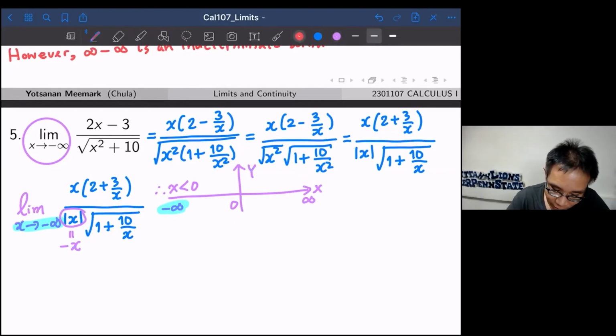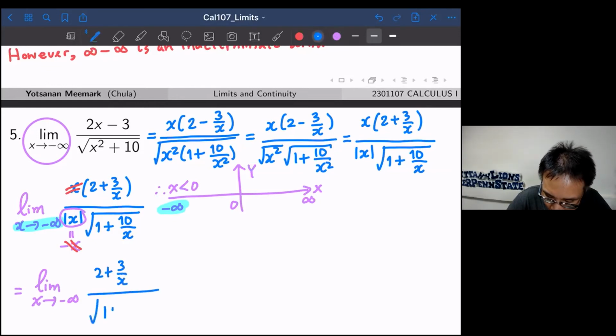So in this case, x here and negative x here will cancel each other. You end up with the limit as x goes to negative infinity of (2 plus 3 over x) over the square root of (1 plus 10 over x).